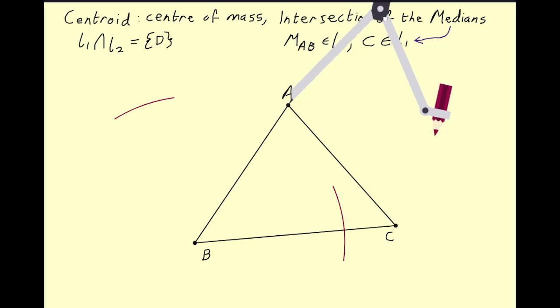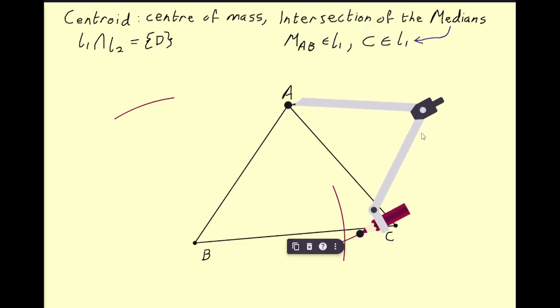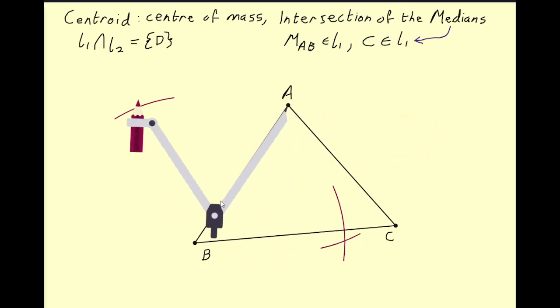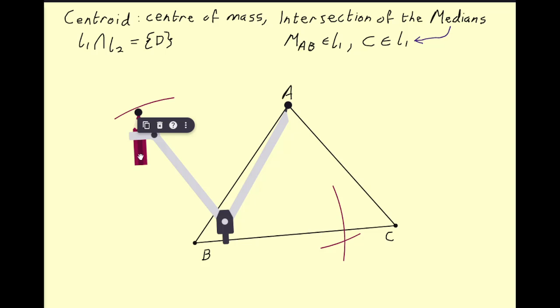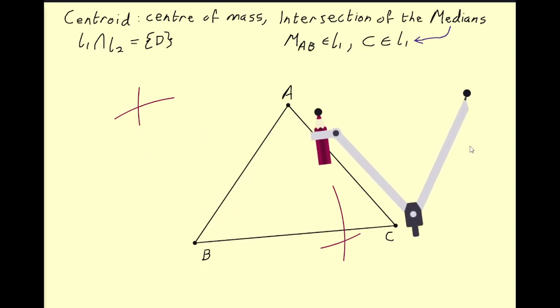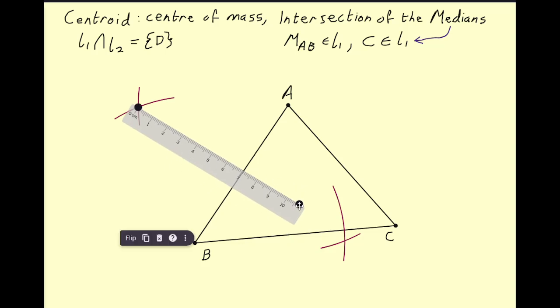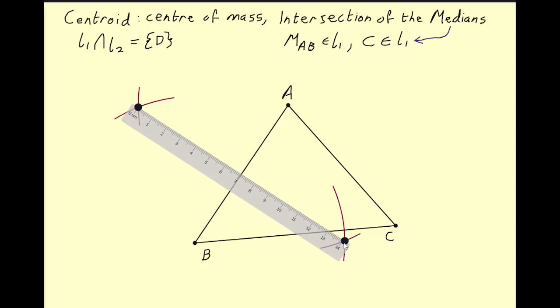So bring the compass down, keep the compass at the same size. We're just doing a perpendicular bisector, which is a construction we have used many times before. And in this case, we don't need to draw a complete line. We're not actually trying to get the perpendicular part of this, we're just taking advantage of the bisecting part of this.